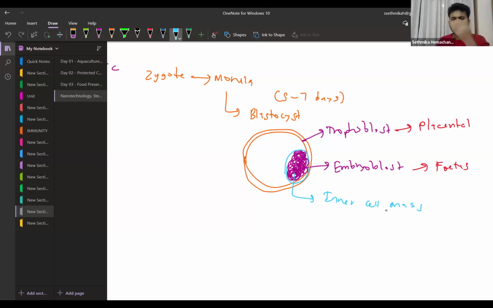This inner cell mass starts dividing and differentiating into who we are today. So basically, each and every cell of that inner cell mass can form any cell type in our body, right?